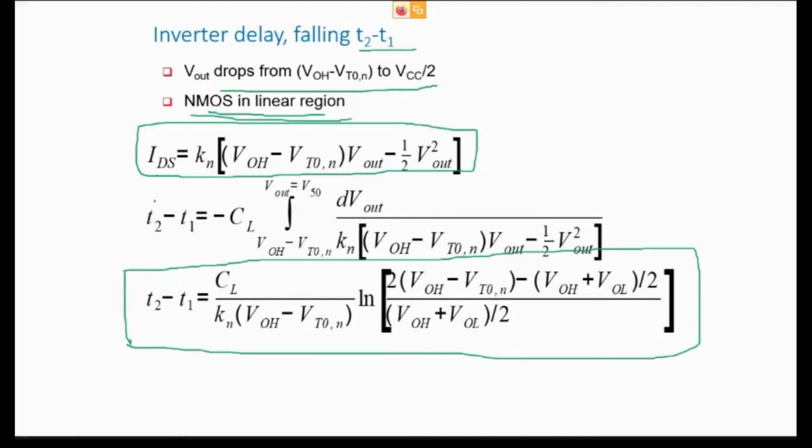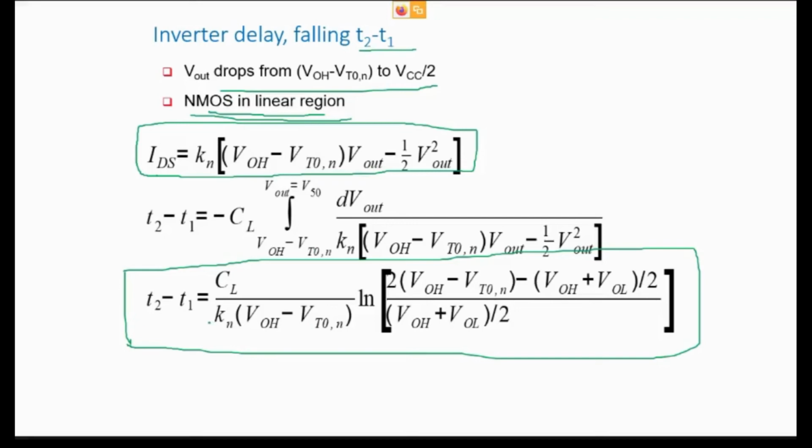Here the limits will be T2 minus T1, the limits will be the same. IDS is equal to this and your limit for this is VOH minus VT naught to V50%. This is how your current is actually changing. So substituting this, we are getting this value.